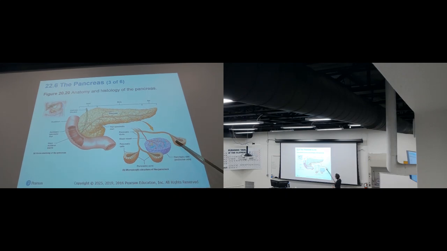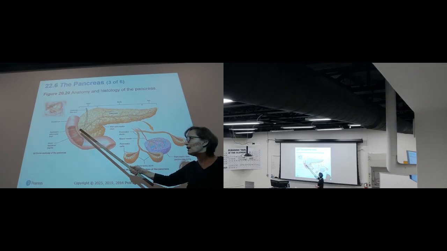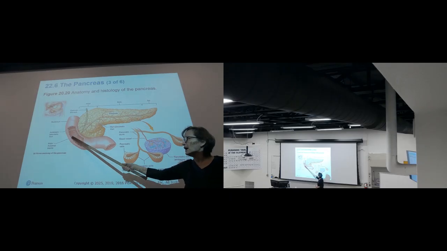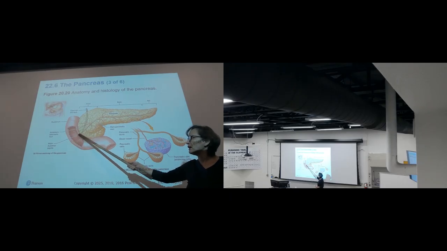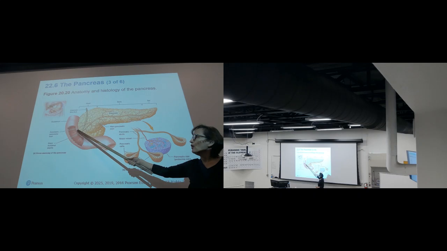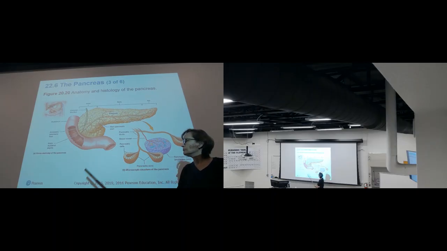The pancreatic acini have cells that produce bicarbonate and enzymes, and release this secretion into these ducts. All these ducts form the main pancreatic duct, and then these secretions of bicarbonate and enzymes will enter into the major duodenal papilla through the main pancreatic duct or into the minor duodenal papilla through the accessory pancreatic duct.